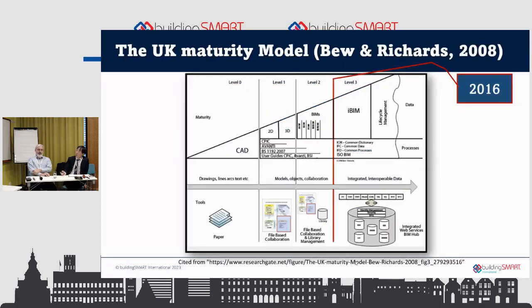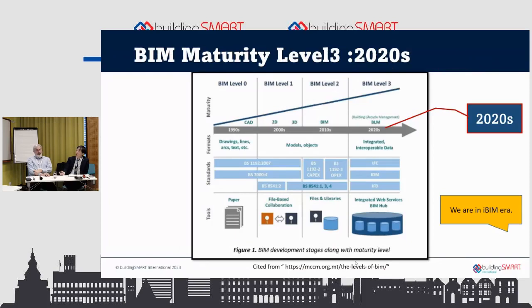So on the previous slide, 2016 was the goal of the UK for level 2. And now it's 2023. So it means that we are already in this BIM level 3. So now we should think about the IBIM era as the facing problem.